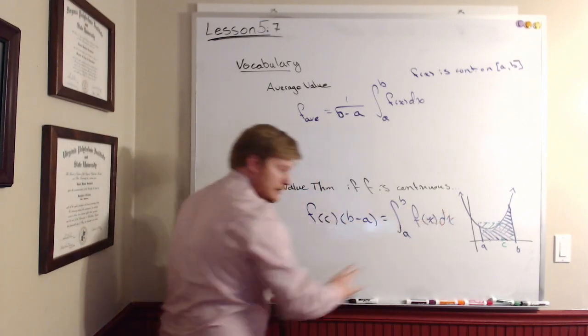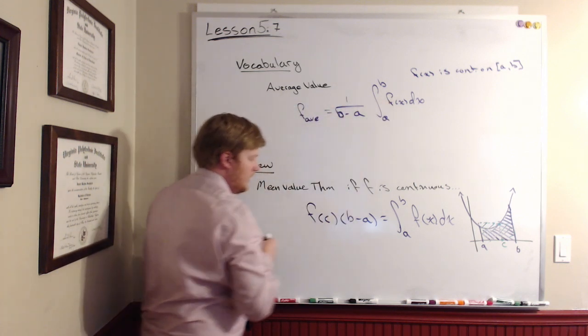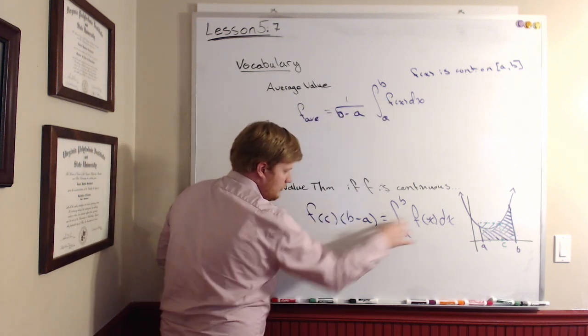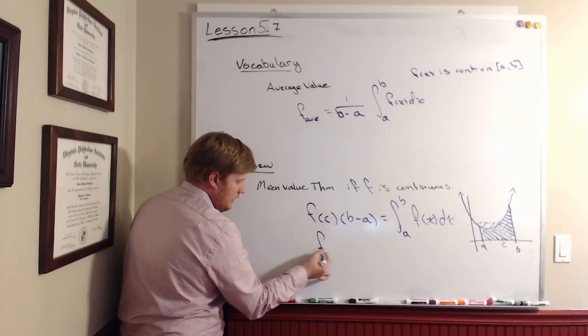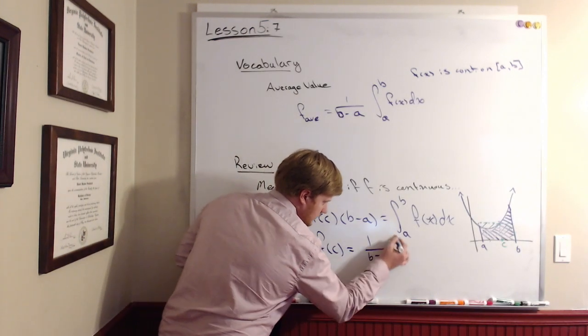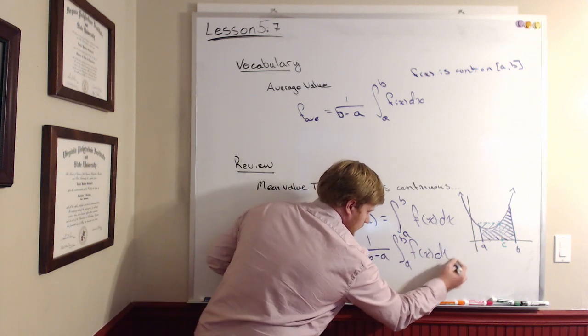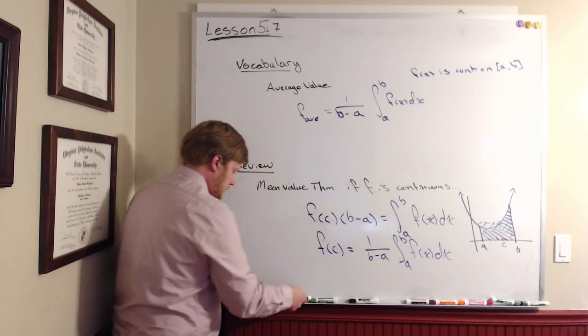Well, this can be rewritten to fit that. If I just divide both sides by b minus a, I get that f of c is 1 over b minus a times the integral from a to b of f of x dx. So, what's the connection?